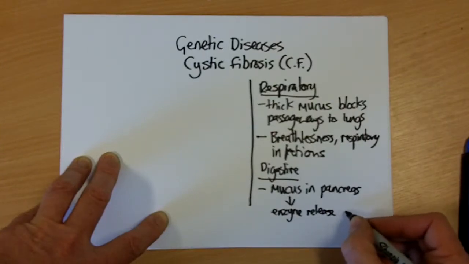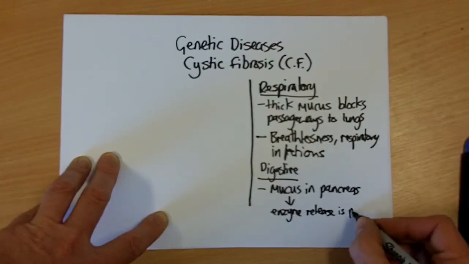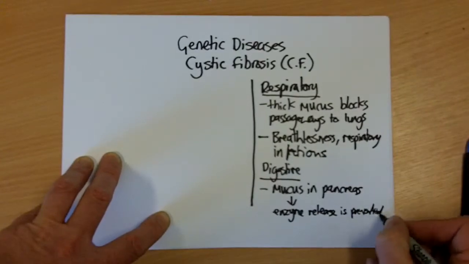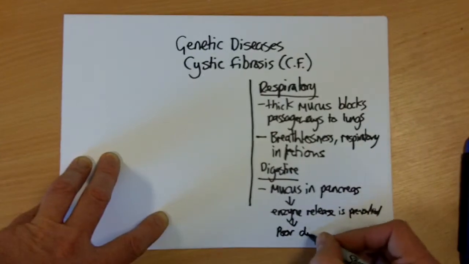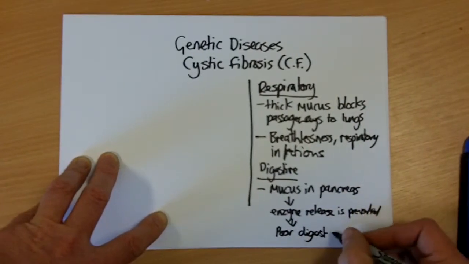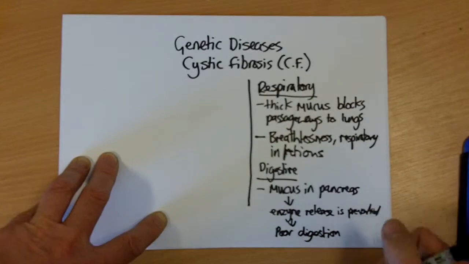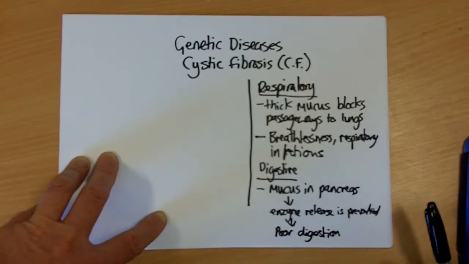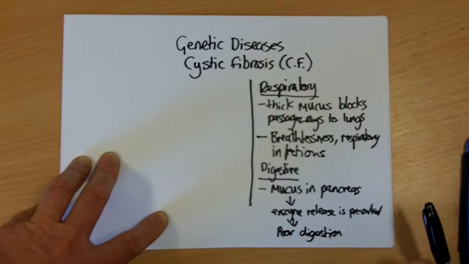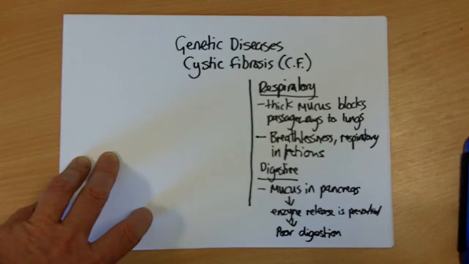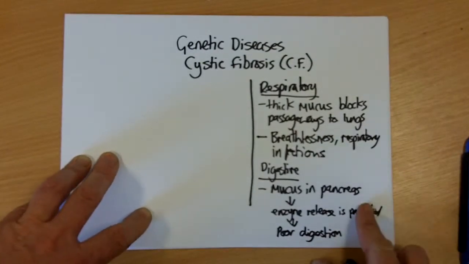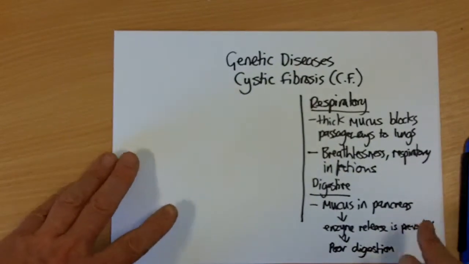So enzyme release is prevented, and that leads to poor digestion. And if you're not digesting food properly, then you're not going to get all the nutrients and energy from the food, and therefore you're going to find it difficult to take on enough calories. So these are the symptoms of the disease, and again, highly unpleasant, and it makes life very, very difficult and very, very challenging. So let's look at what the cause is.